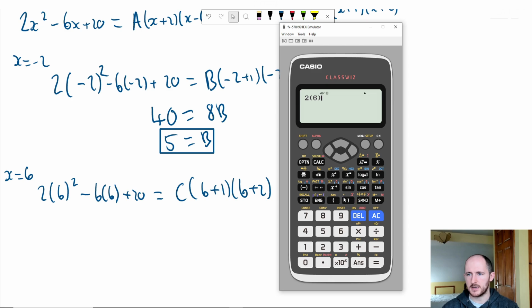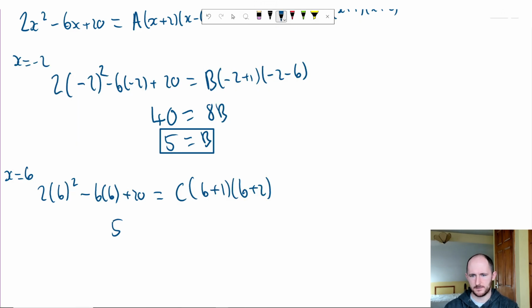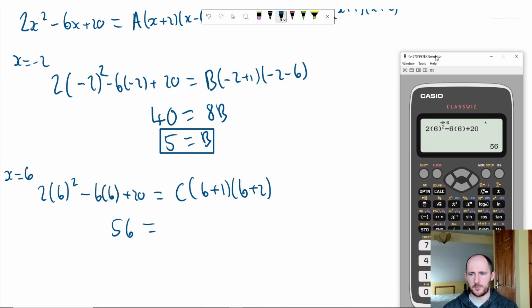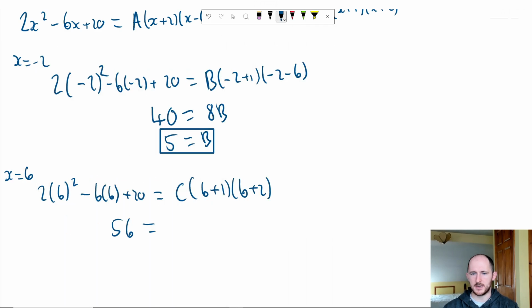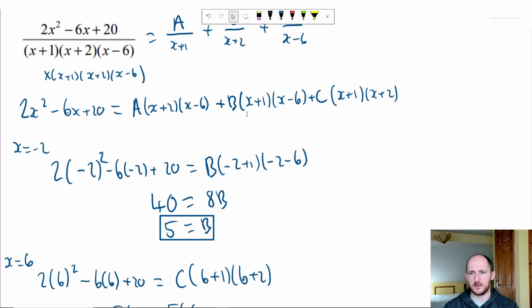Again, you can probably type this faster than me. Since I'm using a computer, it's a little bit trickier to type everything in. So that's 56 equals, and again, we have the brackets on the other side. If you're perhaps a little bit smarter, you may have just done the brackets on the right first because I'd already written it for the previous term. Yeah, okay, 56C. So C is just equal to 1. So again, a little bit longer, but as you can see, the actual process is no different.